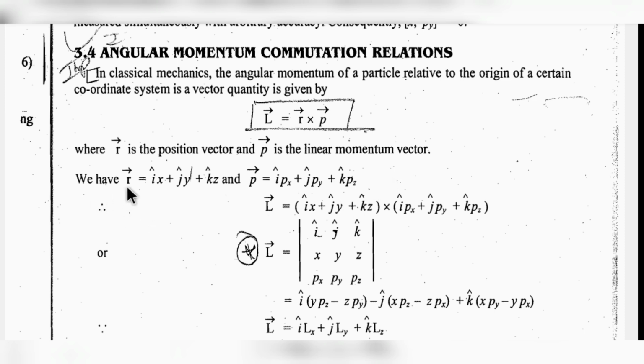We have r equal to i cap x plus j cap y plus k cap z, and linear momentum equal to i cap px plus j cap py plus k cap pz.